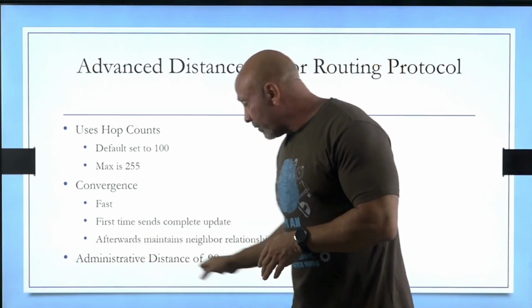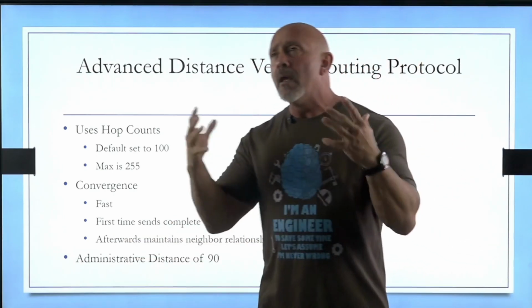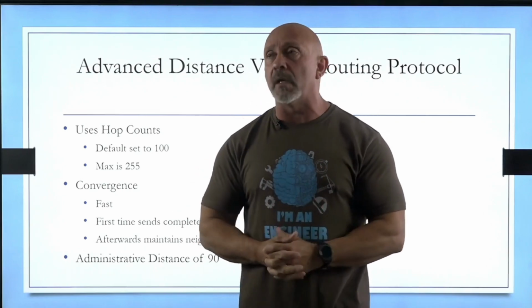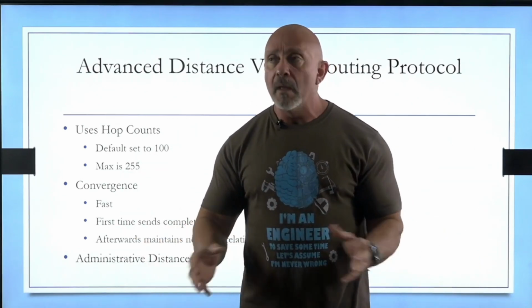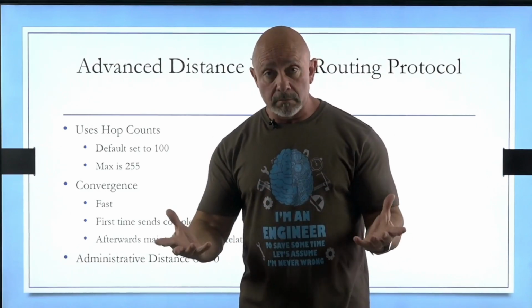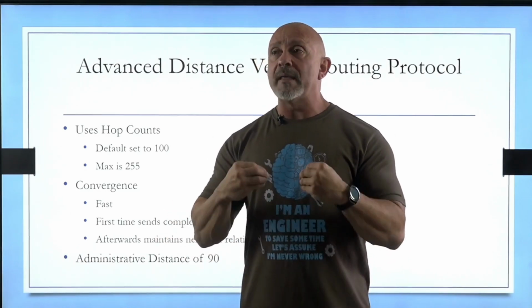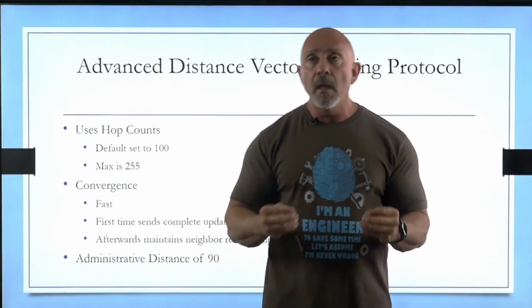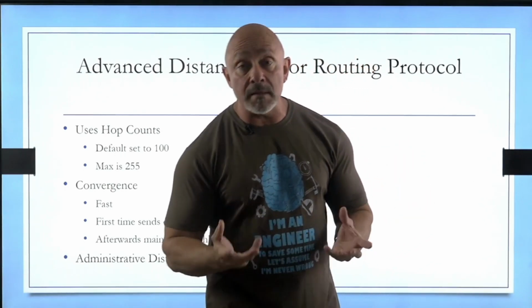And most importantly, the administrative distance of 90. Why do I stress the administrative distance so much? I've talked about the administrative distance quite a bit. The reason being is, being an instructor, when I give exams to my students, I want to make sure that they understand the concepts.